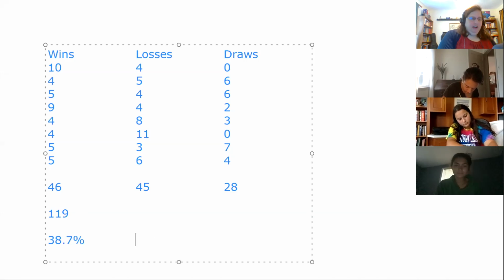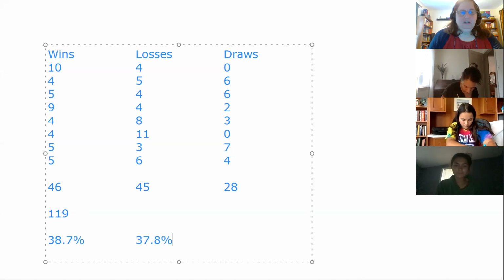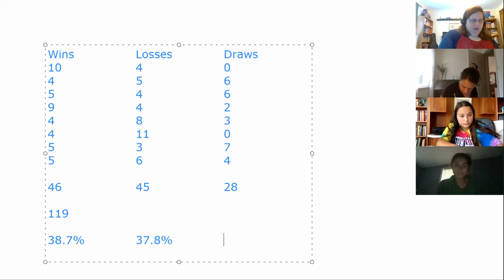That's 45 divided by 119, which is about 37.8% or 0.378. And then finally, let's figure out the draws. 28 divided by 119, which equals about 23.5% or 0.235.